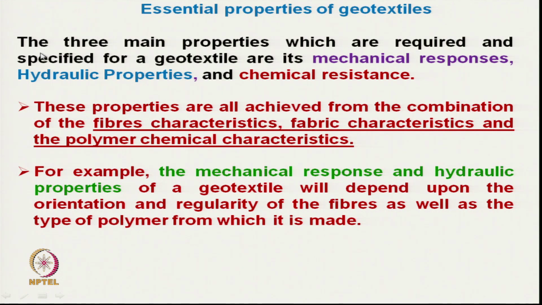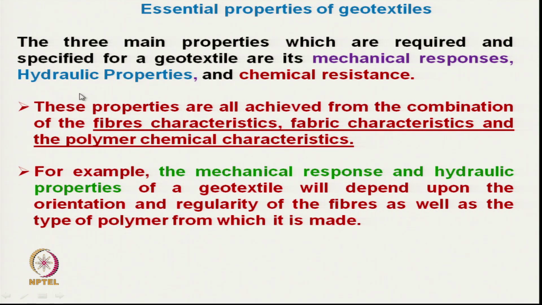These properties are all achieved from a combination of fiber characteristics, fabric characteristics and the polymer chemical characteristics. Like if we use a natural fiber polymer like jute, its chemical resistance may not be that good.